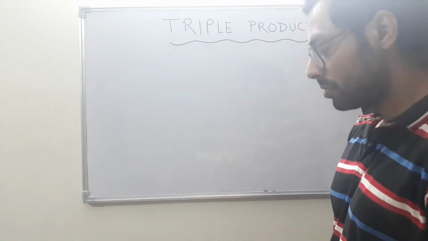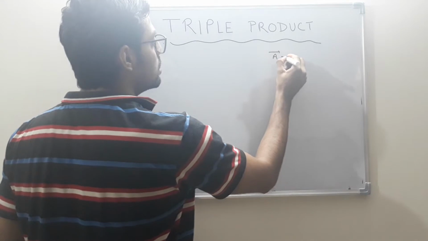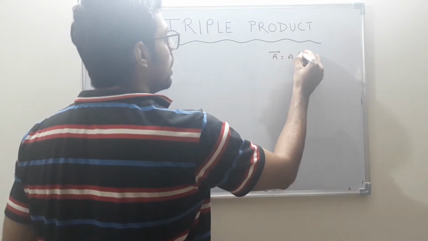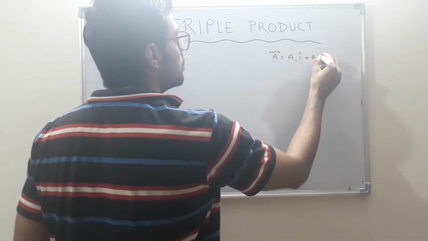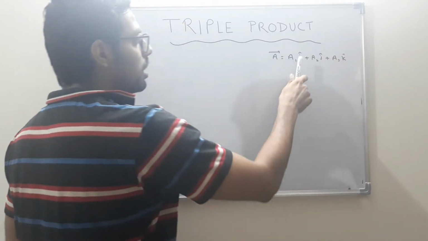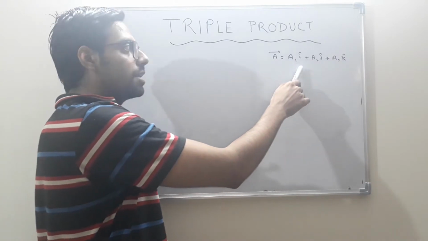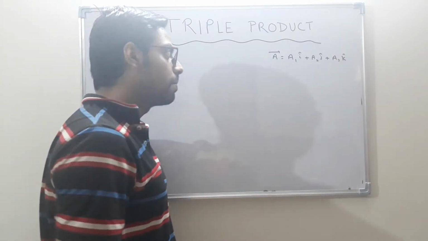So suppose we have three vector quantities, A vector, which is written in the form a1 i hat plus a2 j hat plus a3 k hat. Here a1, a2, a3 are the components of A vector along the x-axis, y-axis and z-axis respectively.